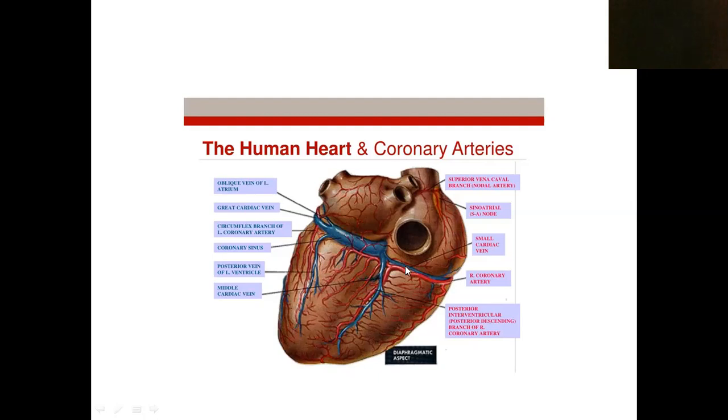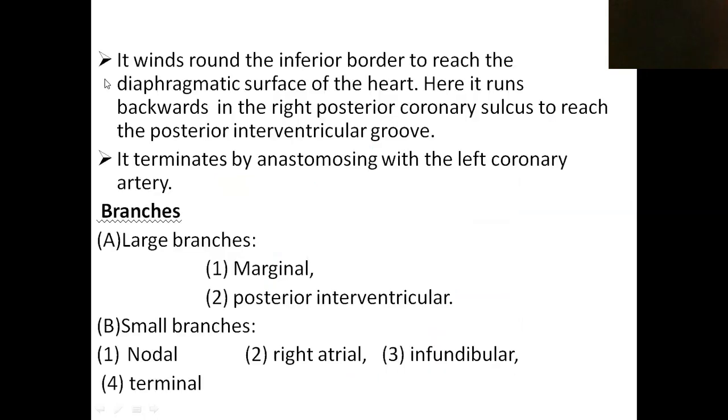So this is the course. It runs from the inferior border to reach the diaphragmatic surface. Here it runs backward in the right posterior coronary sulcus to reach the posterior interventricular groove. There it joins or anastomoses with the opposite side artery, means the left coronary artery.